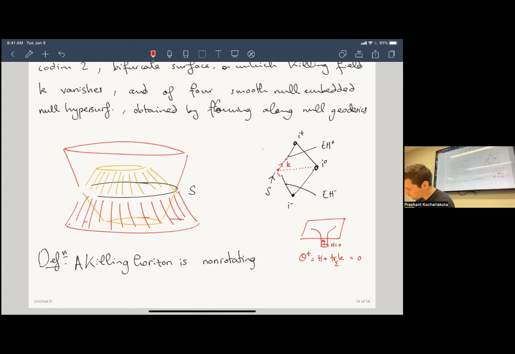I'm going to correct myself. If it's a minimal surface where h is 0, then the null expansion is 0. I think I spoke incorrectly. If h is non-zero, and this k is 0 because it vanishes.